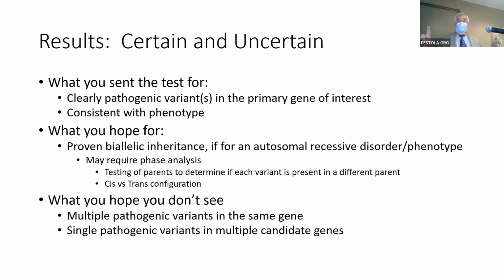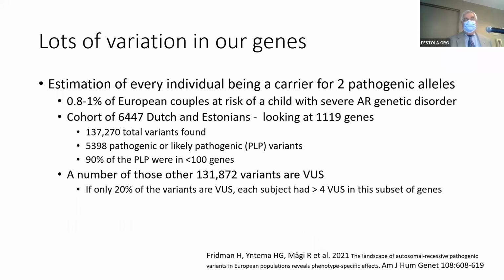You're looking for 1 and 1, which means you have to have a mechanism for being able to do the parents to prove that you have them in a trans configuration, one on each copy, rather than in a cis configuration. What you hope you don't see is multiple pathogenics in the same gene, 3 or more changes, or single changes in multiple candidate genes, which is the problem with doing parents. You get a hit there, a hit there, a hit there, then what's really causing disease?